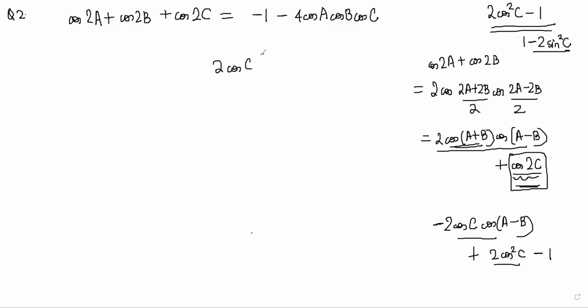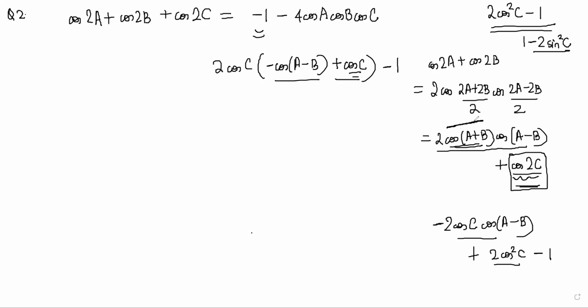So 2 cos c, it will become minus cos (a minus b) plus cos c, right? And there is a minus 1 that is left over, and that leftover is fine because the RHS also has that leftover. Now simplifying this, you need to again use the fact that cos c is equal to minus cos (a plus b).